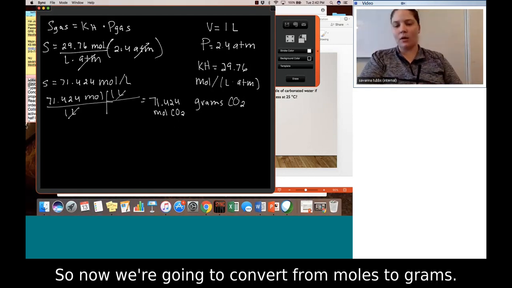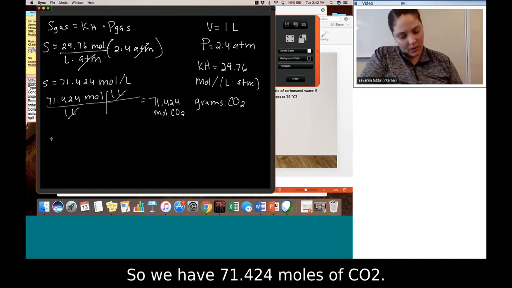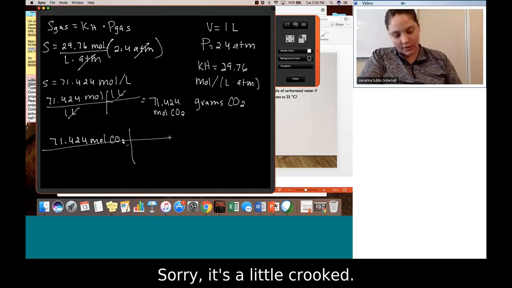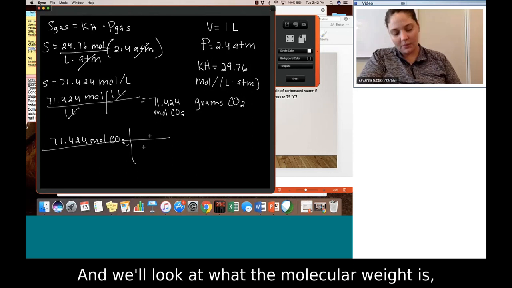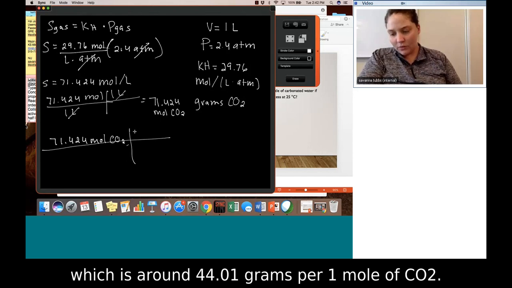So now we're going to convert from moles to grams. So we have 71.424 moles of CO2. Sorry, it's a little crooked. And we'll look at what the molecular weight is, which is around 44.01 grams per 1 mole of CO2.